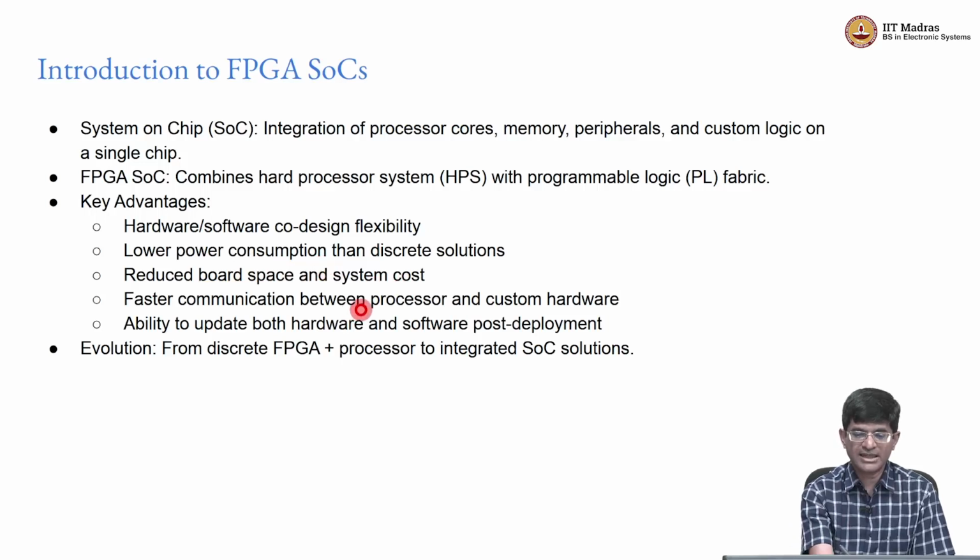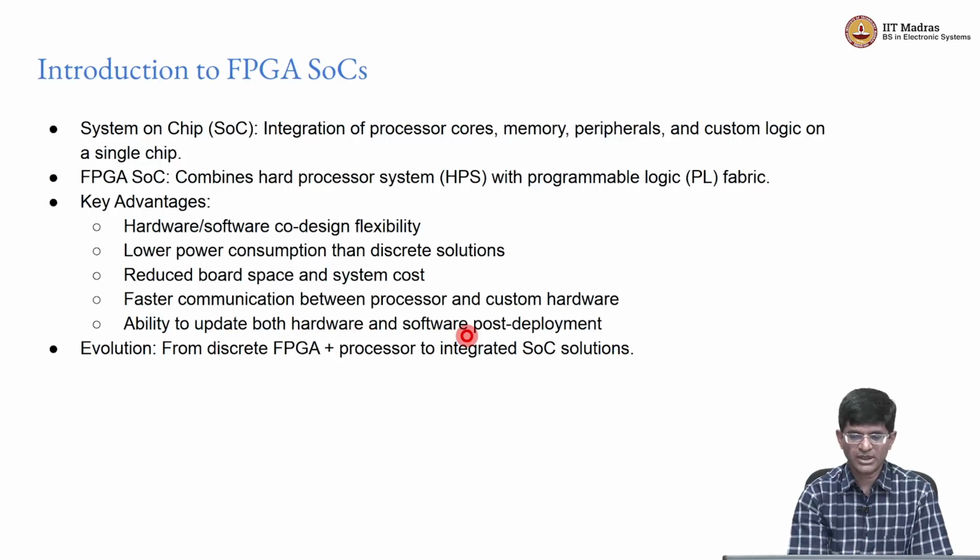It also means that this processor system and the programmable logic can have extremely high bandwidth communication because they are on the same chip and they share wires essentially, right? And because even the logic over here is programmable, it means that we can update both the hardware as well as the software after you have deployed it and actually released it as a product, right?